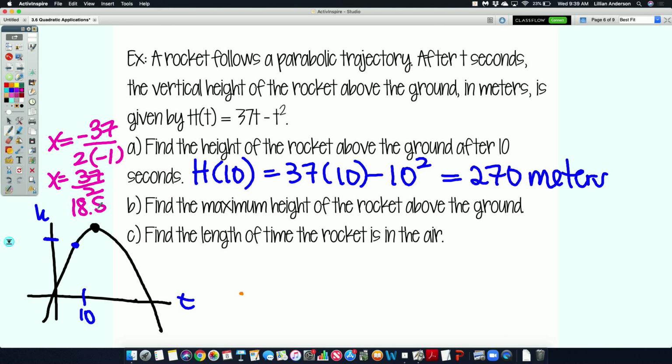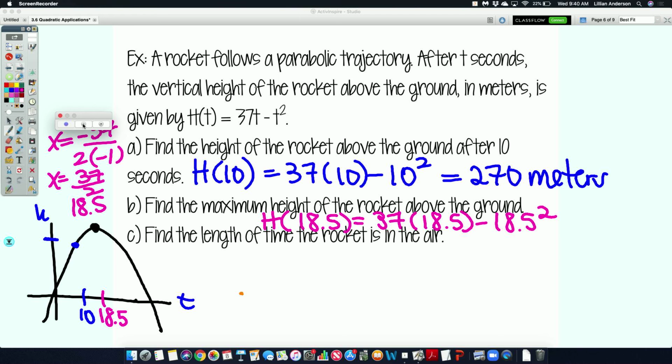And then I need to find the height. How do I find the height? Where do I plug it in? For t in the original equation. So I'm basically finding h of 18.5. So 37 times 18.5 minus 18.5 squared. 342.25.